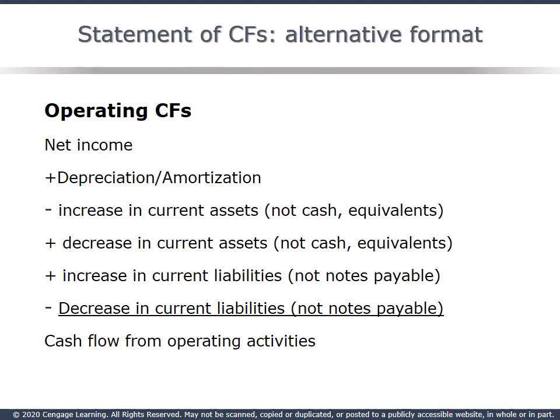So let's move forward. First, we're going to calculate the cash flows from the firm's operating activities. We're going to take the firm's net income, which we will find in the firm's income statement. Also, from the income statement, we will add in depreciation and amortization for that accounting period.